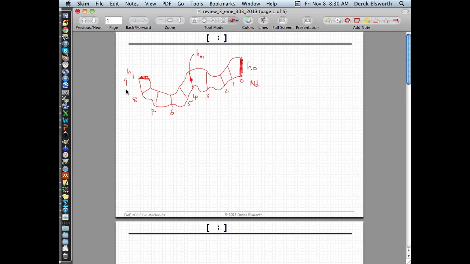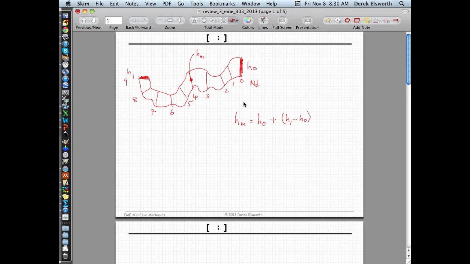And so if we wanted to calculate the head at this particular location here, HM is equal to H0 plus the difference in head between those two, which I guess would be H1 minus H0. Right? If this head here is lower than this head, then this will be a negative number.